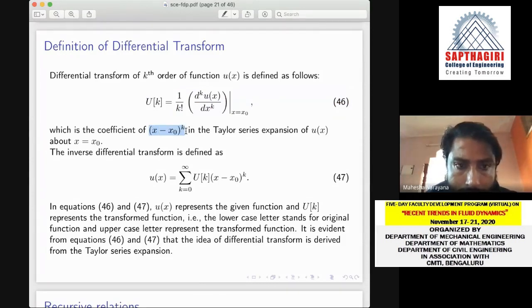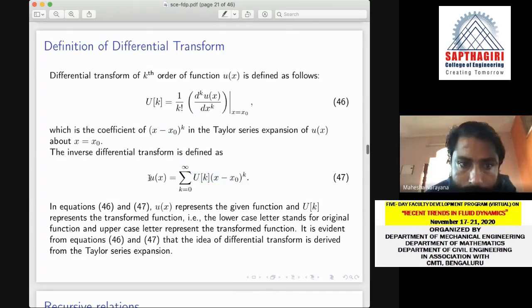That Taylor coefficient is taken to be the differential transform of the function u of x. And the inverse differential transform is defined as u of x equals the sum of U of k times x minus x naught whole power k. If you see equation 47, with U k being the Taylor coefficient, it's nothing but the Taylor series expansion of u of x.